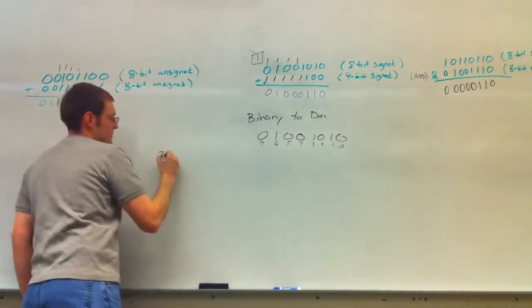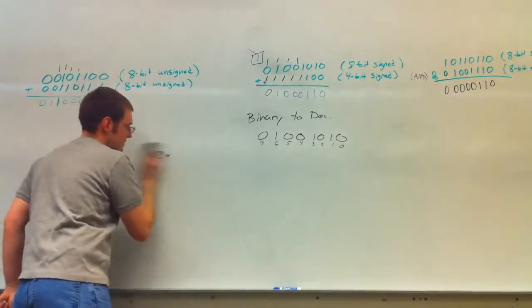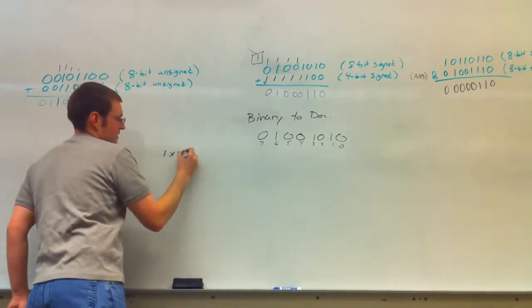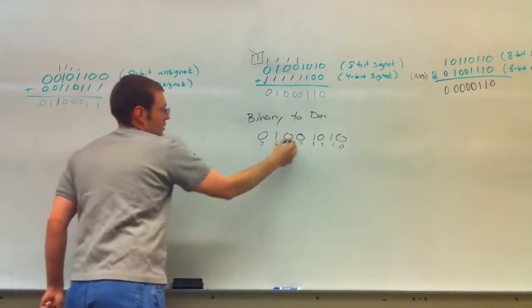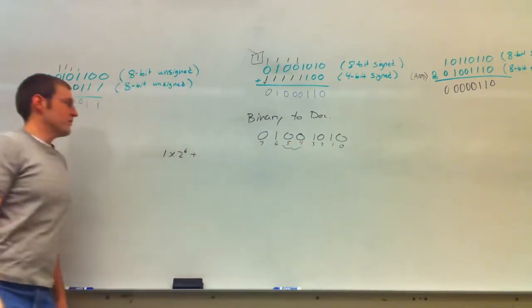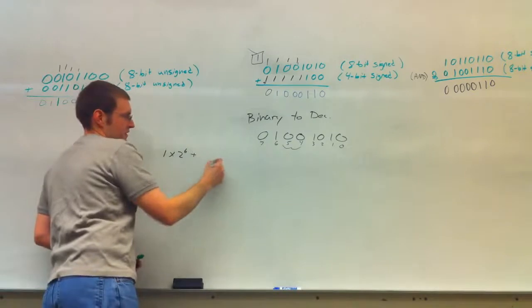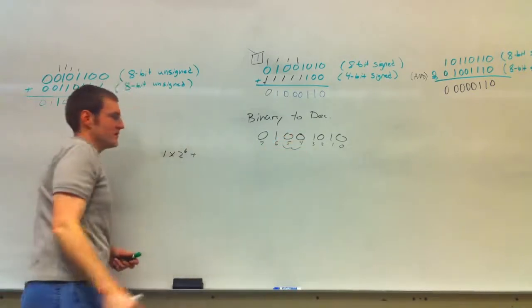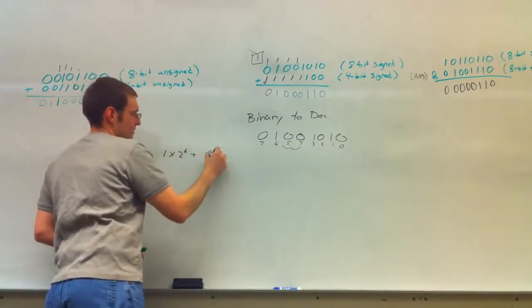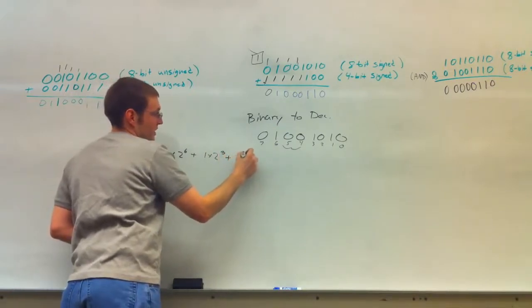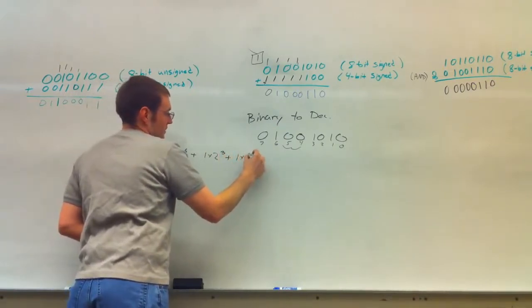So we're going to have 1 times 2 to the 6 plus. You can skip these when you show your work, because I understand what you're doing, because hopefully you know those are always 0. I'm just going to go 1 times 2 to the third plus 1 times 2 to the first.